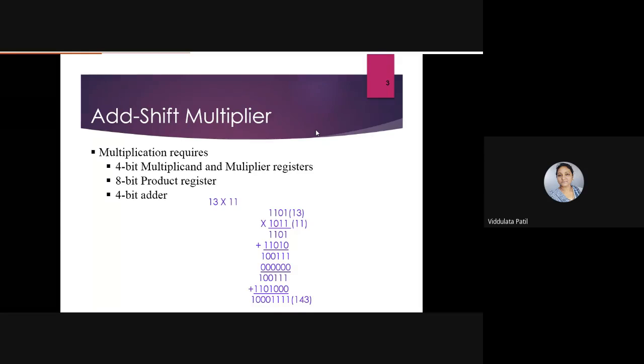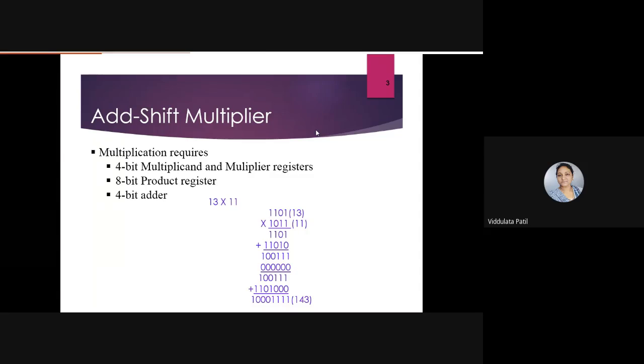At the same time we require an 8-bit product register, so that whatever is the product can be stored in it. And we also require a 4-bit adder, because we want to add 4 bits at a time. So these are the requirements for this add and shift multiplier.